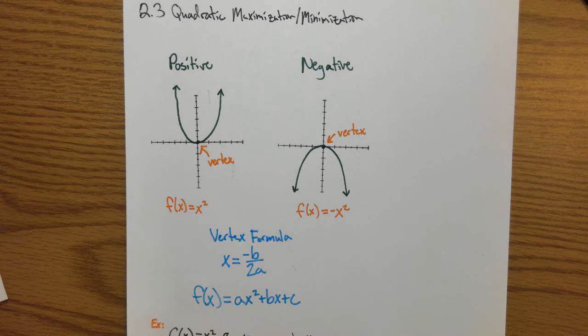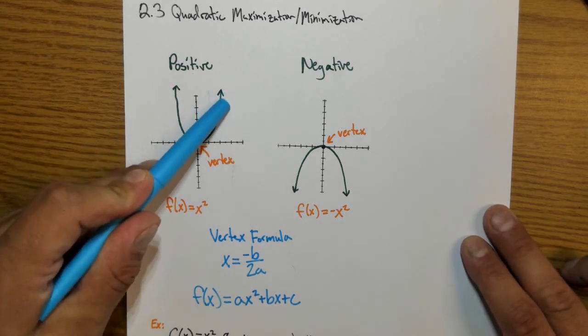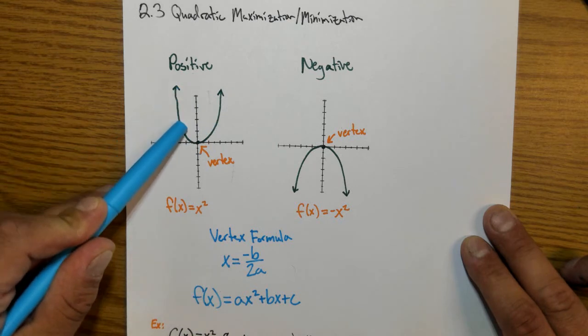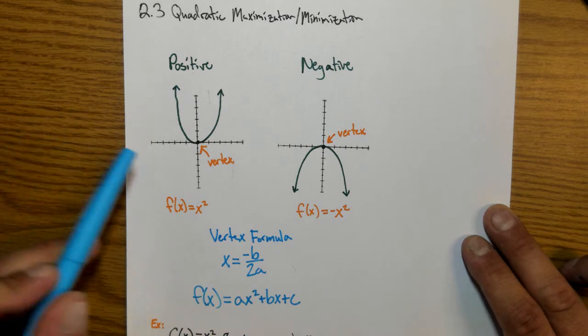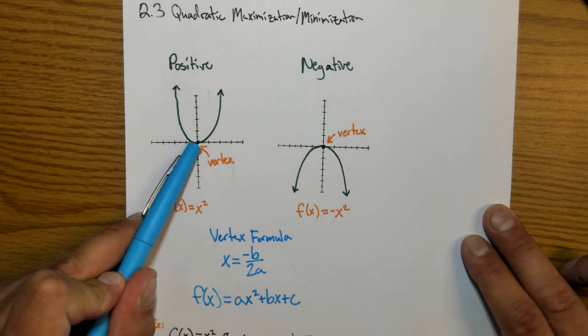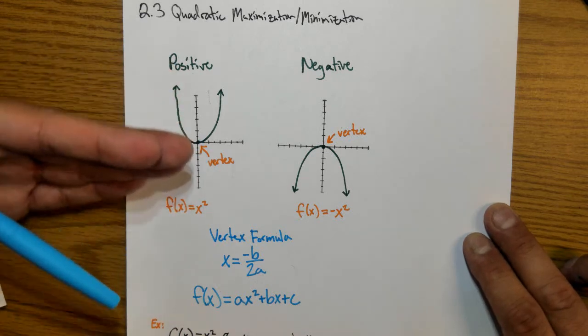And many times there will be equations, such as quadratics, that accurately model the costs to produce and profits. And so there's kind of a sweet spot you want to hit. For instance, if this models how much it costs to make a certain amount of product, you want to make the amount right in the middle, where the vertex is, because that will give you the least amount of cost.